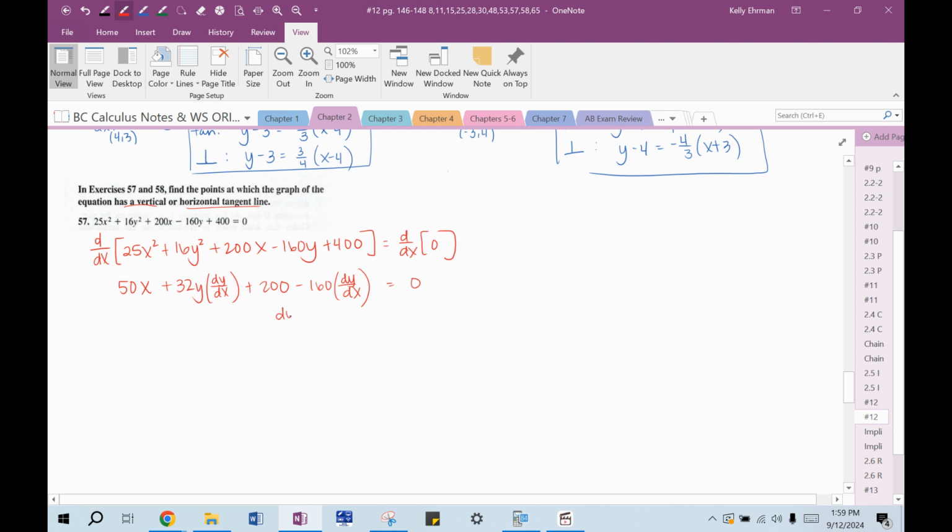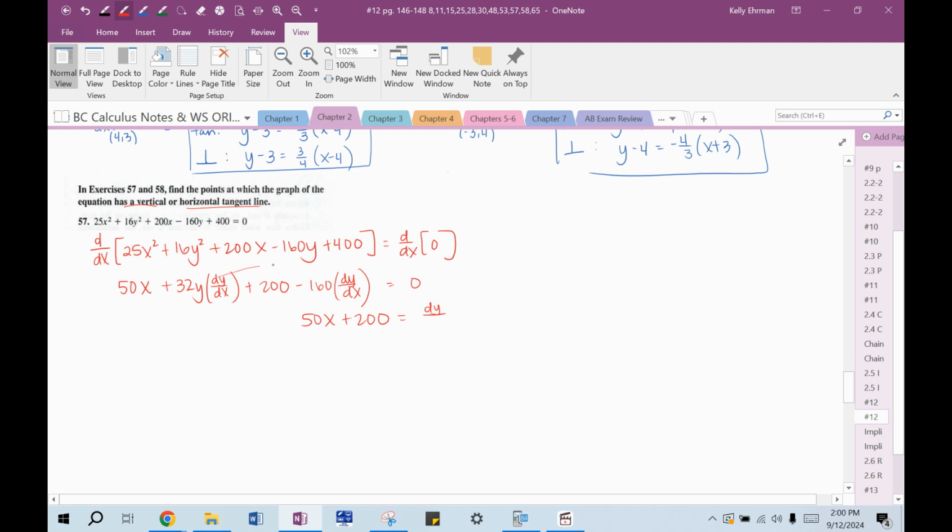So let's see, dy dx, if I factor that out of these two terms, I get 32y minus 160. And that's equal to, it bothers me to have a bunch of negatives everywhere. So actually, I'm going to keep the 50x plus 200 over here. This really does not matter. It's just a personal preference thing.